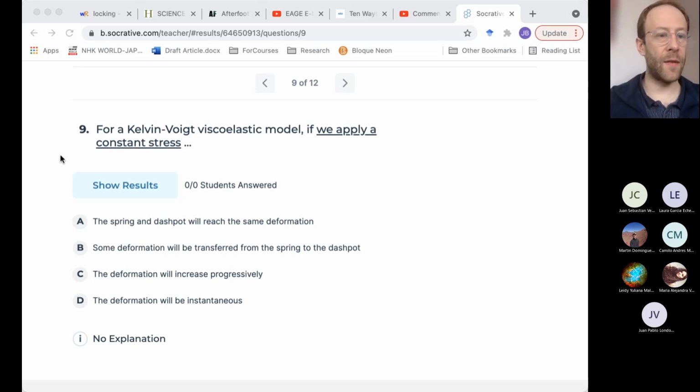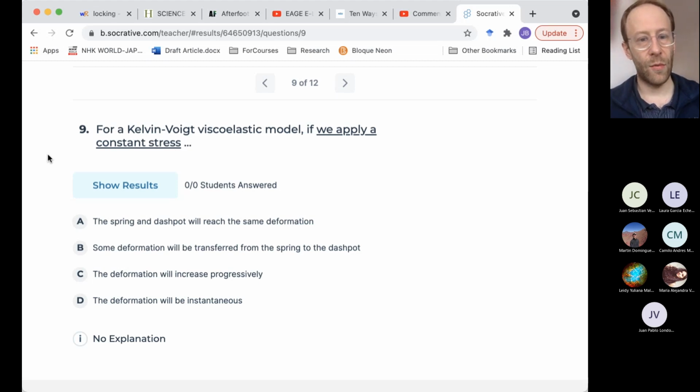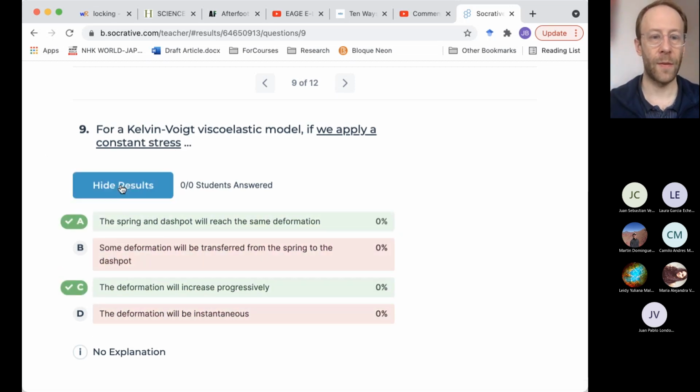Yes, in this case, the Kelvin-Voigt shares the stress, how can I say this, but the deformation is going to be exactly the same between the two parts, like this. All right, definitely.